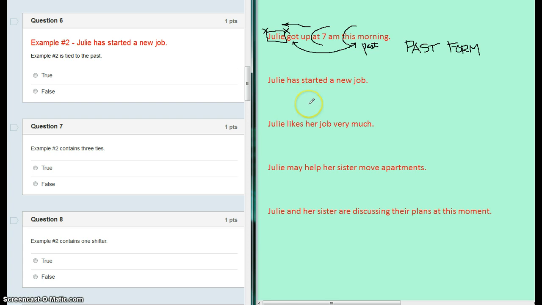Example number 2, Julie has started a new job. The X word is has. There's no shifters. Julie is the subject. And the predicate is everything till the end of the sentence. Now let's take a look at our ties. Has ties with Julie. Has ties with the present.